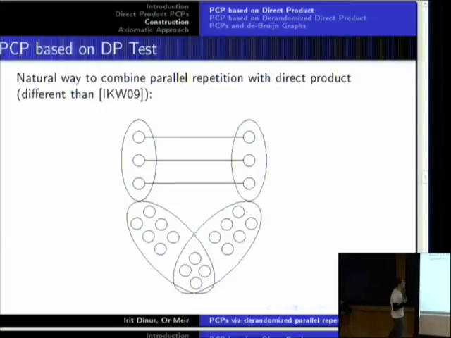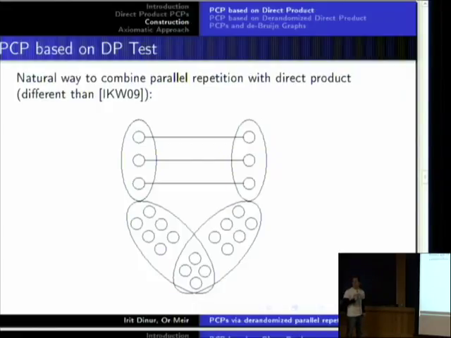I'll say it more formally in a second. And as I said, this is somewhat different than what was done in the IKW work, which was unnatural. Wait, so what's the test?